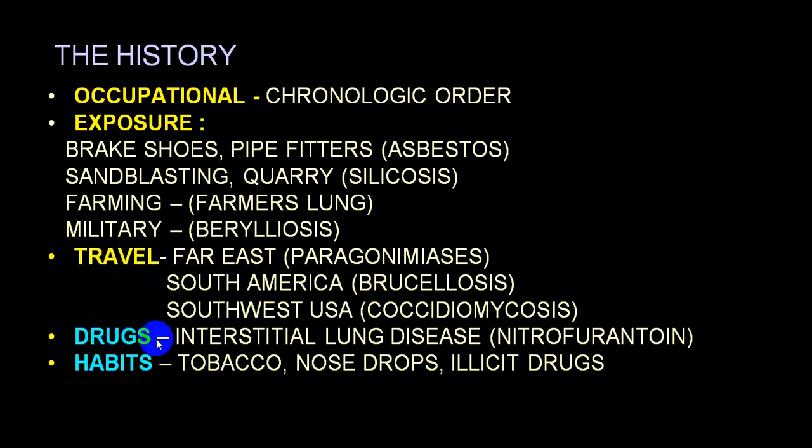Among drugs, certain drugs are notorious for producing interstitial lung disease, like nitrofurantoin. So history of certain drugs you should also ask. Then history of smoking, tobacco, nasal drops, or some drugs which can produce damage to the lungs.